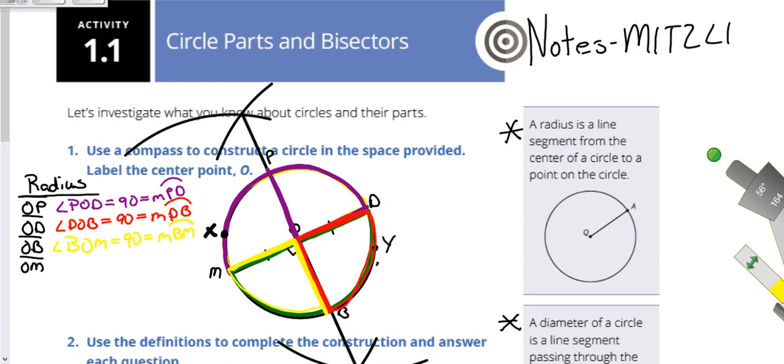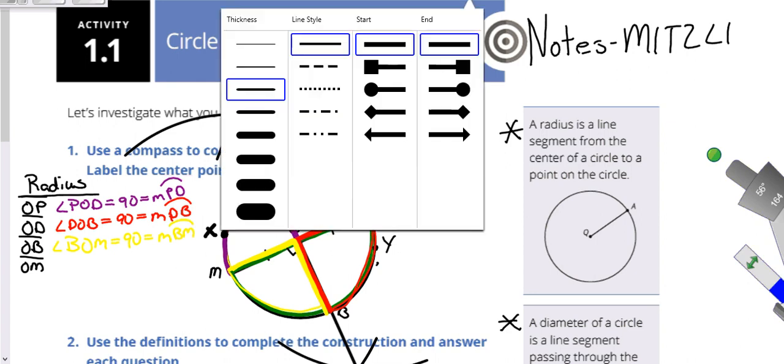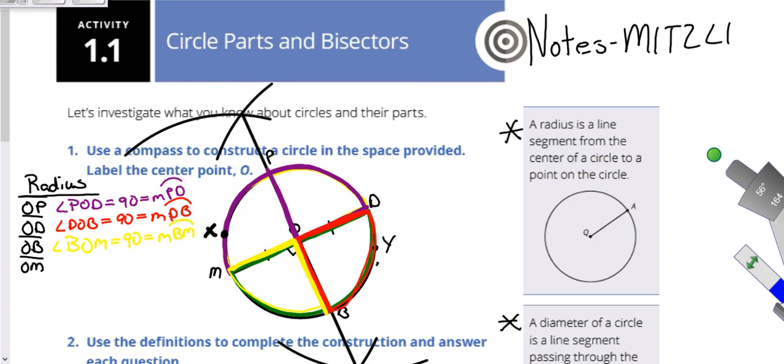That arc right there. And then last but not least, I think I have one more color that I can do. We can talk about this central angle right here. That is angle MOP, which is also equal to 90 degrees, which is the arc of MP.